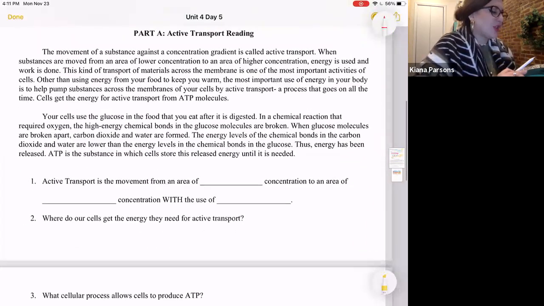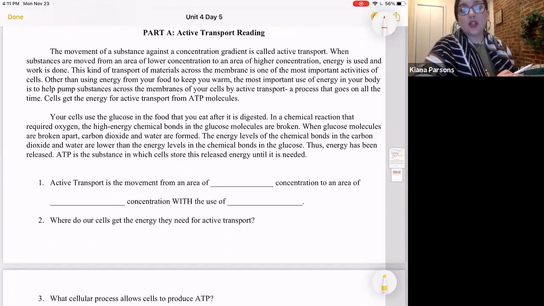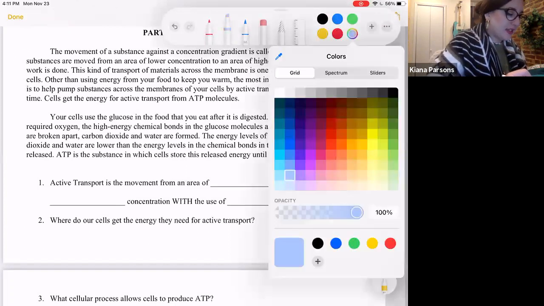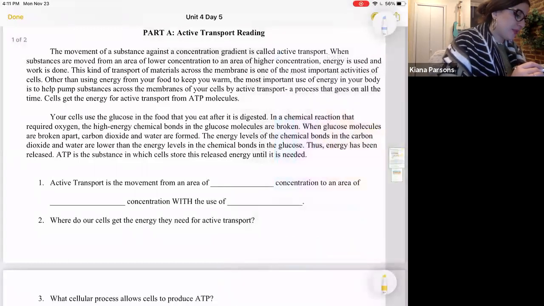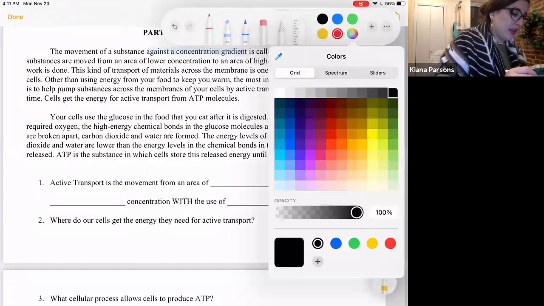Part A, active transport reading. The movement of a substance against a concentration gradient is called active transport. So we see there against the concentration gradient. So what does against the concentration gradient mean?